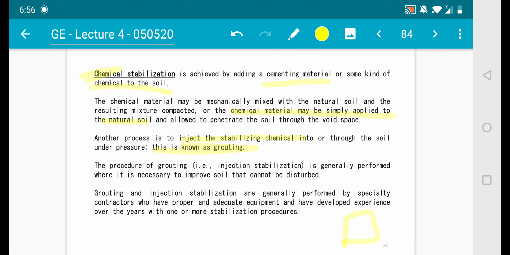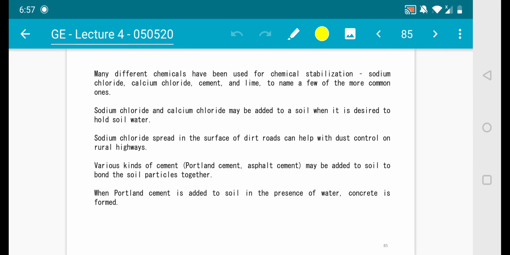The procedure of grouting is generally performed where it is necessary to improve soil that cannot be disturbed. Grouting and injection stabilization are generally performed by specialty contractors who have proper and adequate equipment and have developed experience over the years with one or more stabilization procedures. So these are the types of chemical that can be added, including various kinds of cements.